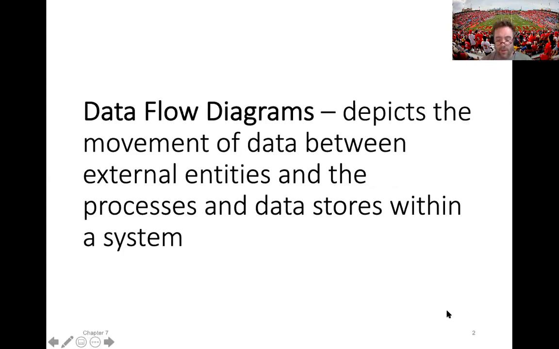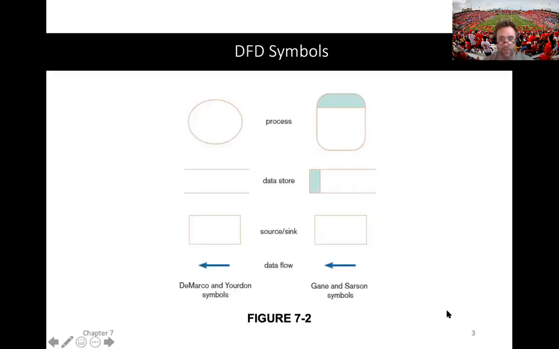So data flow diagrams depict the movement of data between external entities and the processes and the data stores within them. You'll remember the symbols, I hope. So we're interested in the Gane and Sarson symbols on the right-hand side. We have a process, this curved square with a colored in top where we're going to have our information telling us just at a glance what level of diagram we are at.